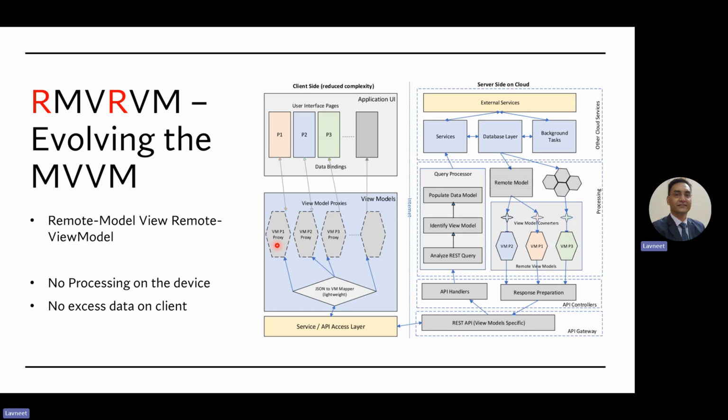If the technology stack is JavaScript based, then JSON can directly be the view model data object. So the view model here is just acting as a proxy of the view model on the server side, and it gets the data into the view, and through the data binding, the user interface works well. This is the architecture which basically transfers the processing of data to the server side.